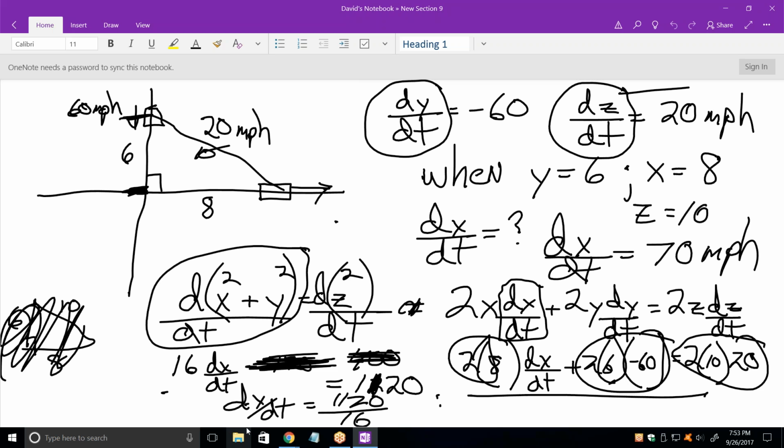In other words, this robber car is definitely moving east. It is separating itself from the intersection at 70 miles an hour, so x is increasing. That's the x measurement right there. Since the robber car is moving to the right at 70 miles an hour, it's positive.